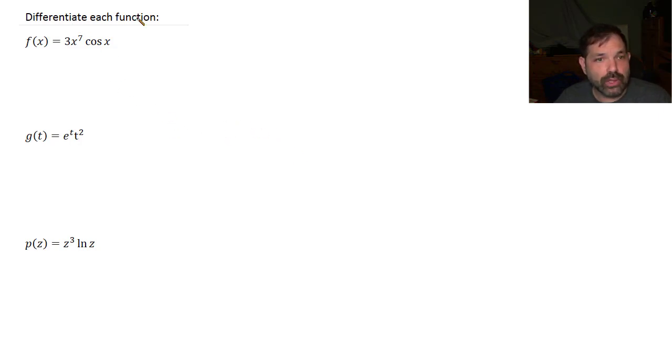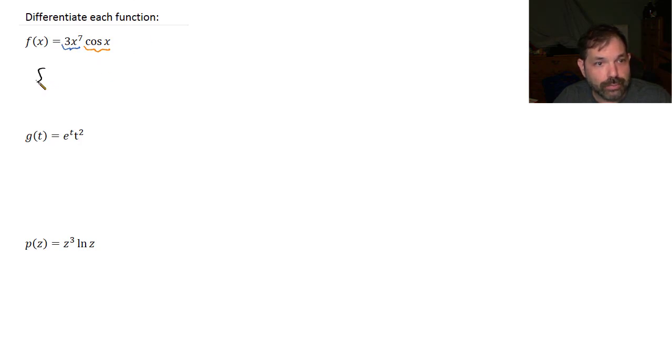All right, so we're asked to differentiate each function, and here we have the function 3x to the 7th times cosine x. So I'm going to think of 3x to the 7th as my first factor, and I'm going to think of the cosine x as my second factor.